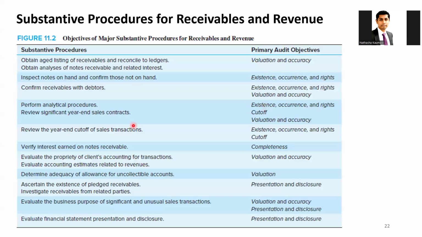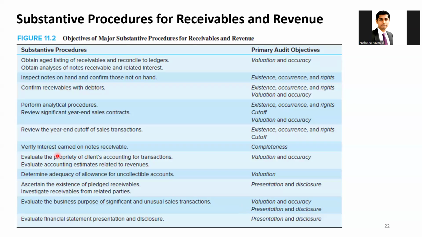Okay, so in this table, I have mentioned, now this is taken from a textbook actually, the substantive procedures we have discussed so far in the first column, and then they have mentioned the assertions they are going to cover from each and every test, that means substantive procedure.